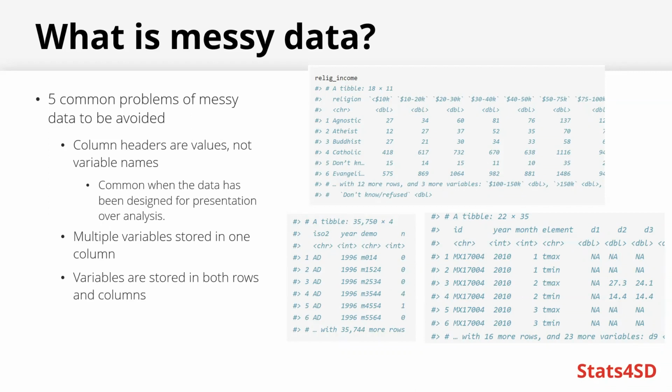Another common issue you might find is that we have multiple variables being stored in a single column. This is something you can see in the bottom left piece of data here. You have this column for the year, that's fine, it's all the same thing. But then you have this demographic column, and that is showing both the gender and the age group.